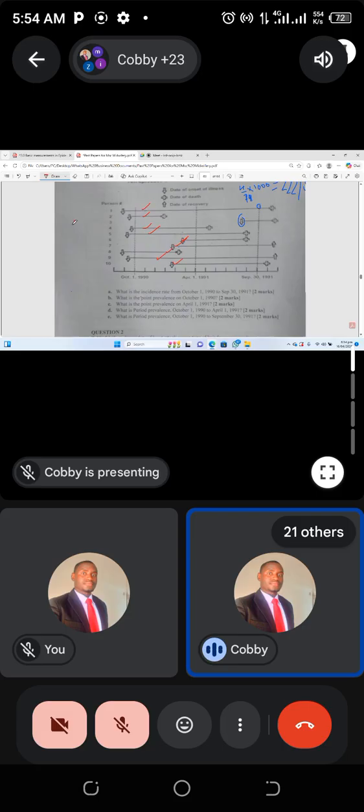So it will be 9 cases this time around out of 20. Then you can complete to find the final prevalence. Then the period prevalence between October and September. Anyone to try? I'll help you with counting.